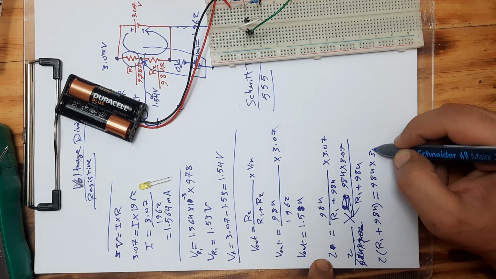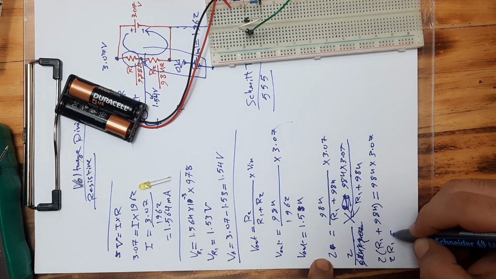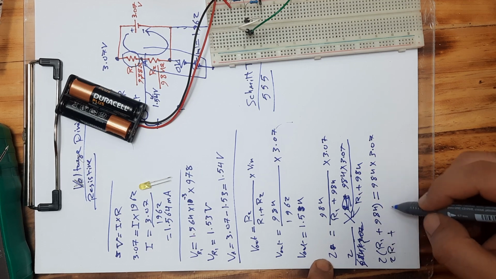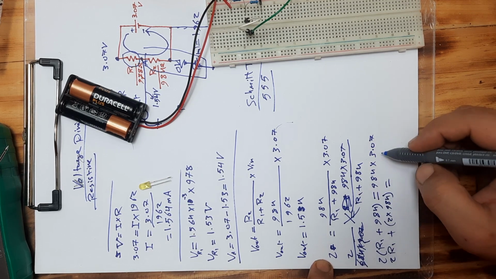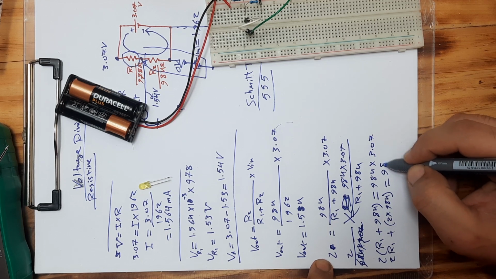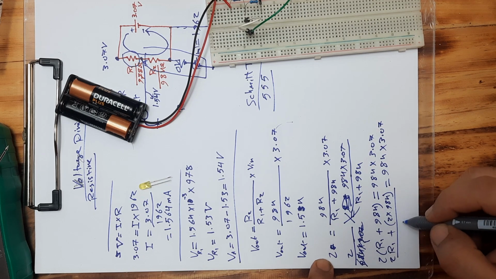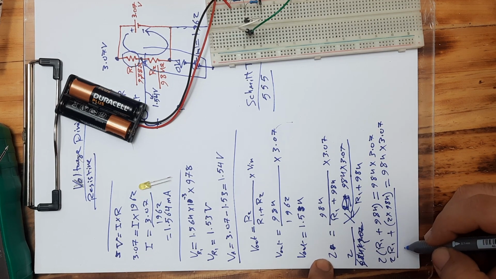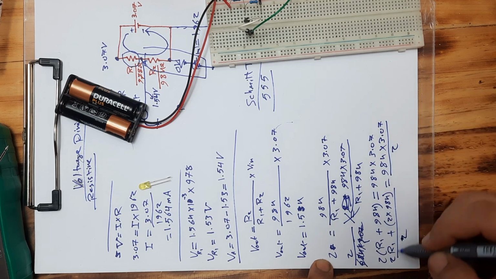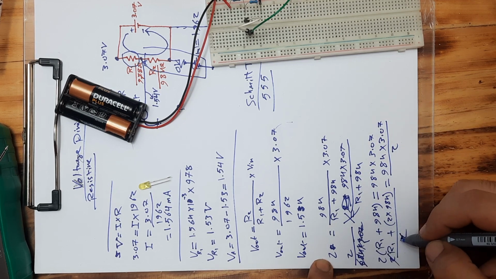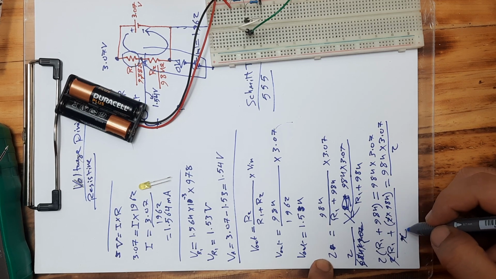984 times 3.07. Then we have 2R1 plus, we multiply 2 by this number, so it will be 2 times 984, equals 984 times 3.07. Then we divide by 2 and divide here by 2, so we get rid of 2 in this equation and in this part here.